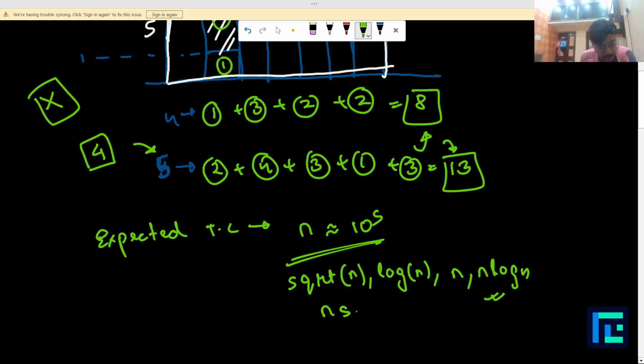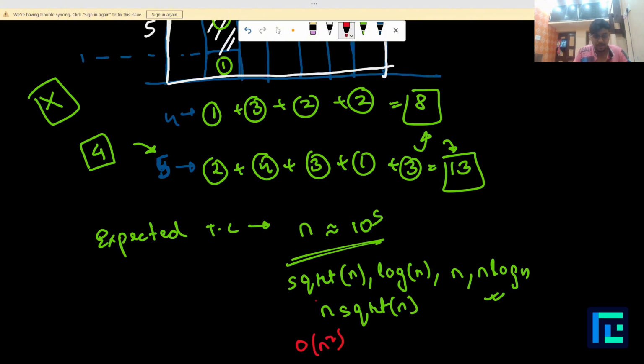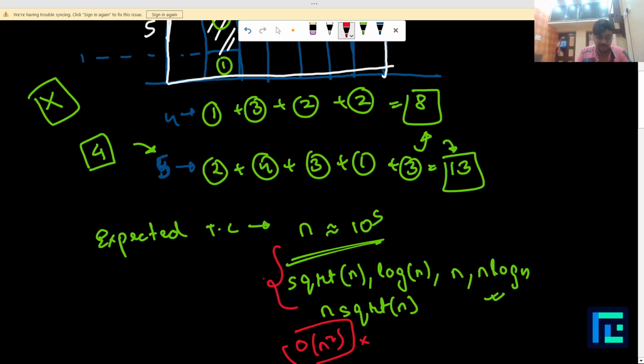N square root n will also work. But if you have a complexity of order n square, n square log n, something greater than or equal to n square, it will never work, right? So you have to think of some time complexity that will work within this range. I hope you all understand how looking up the constraints tells you the expected time complexity.